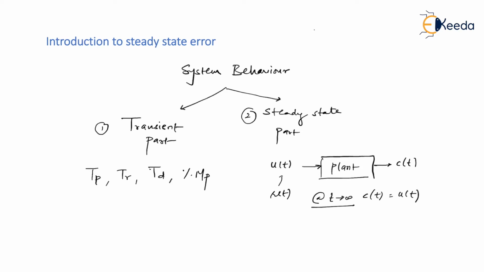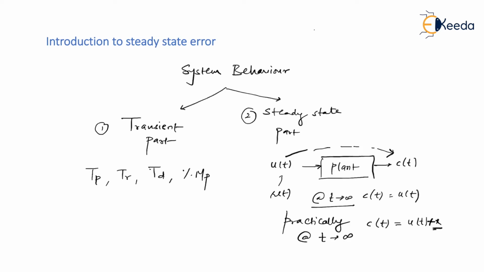When should it be u of t? It is when the reference input is u of t. So if the reference input is u of t, the final value of c of t should be u of t. Am I right? But practically this may not be equal to u of t. Practically it might happen that even though time approaches infinity, c of t is not u of t but u of t with some extra value, let's say x.